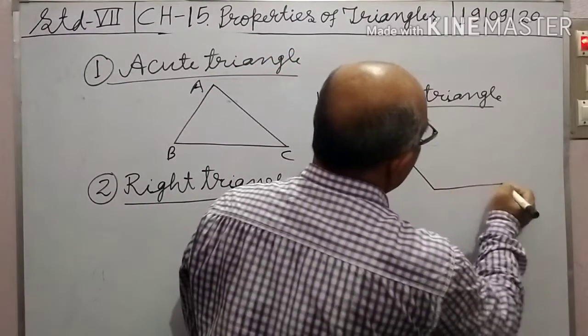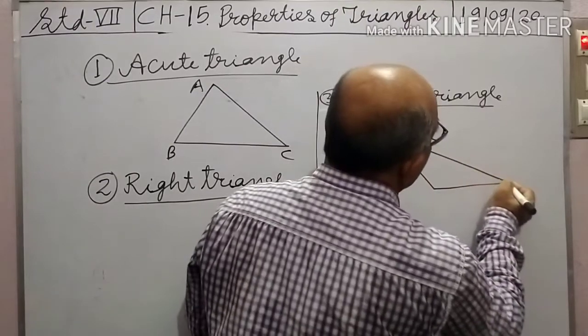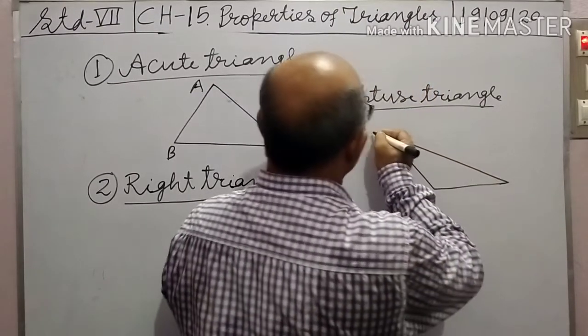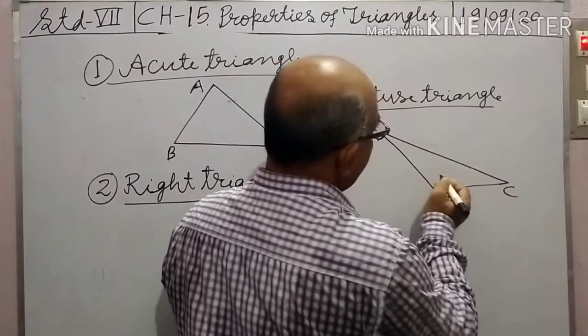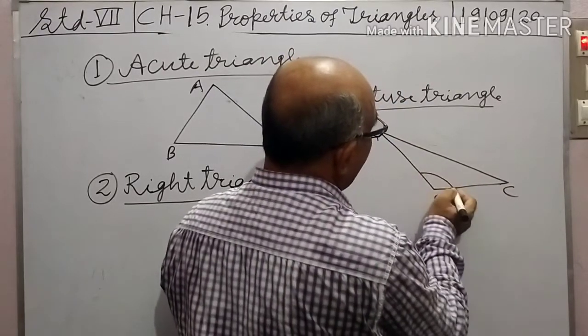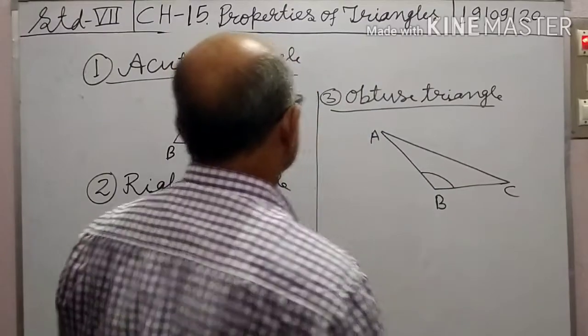Triangle ABC is an obtuse triangle. In triangle ABC, angle B is an obtuse angle.